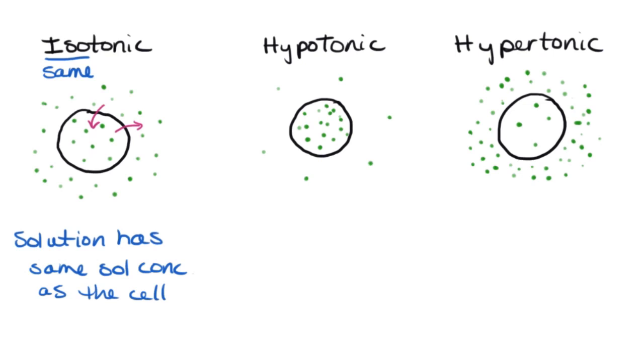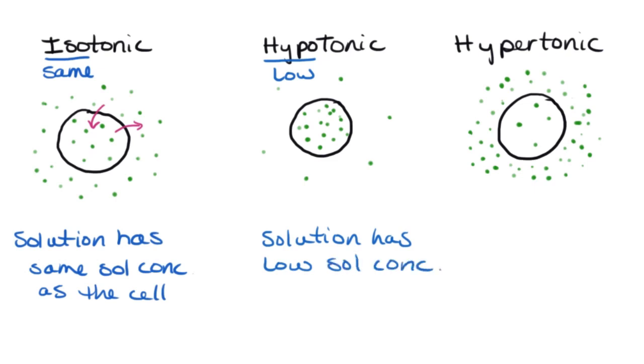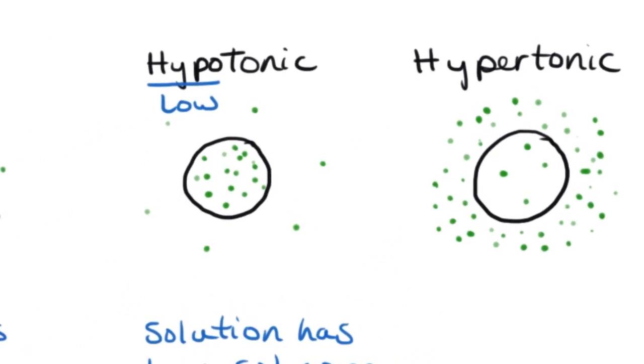Now, if we switch and talk about the next solution type, that's the hypotonic. Hypo means low. So what we're saying here is that the solution has a low solute concentration compared to the cell. And now we want to think about what that's going to do to the free water concentration.